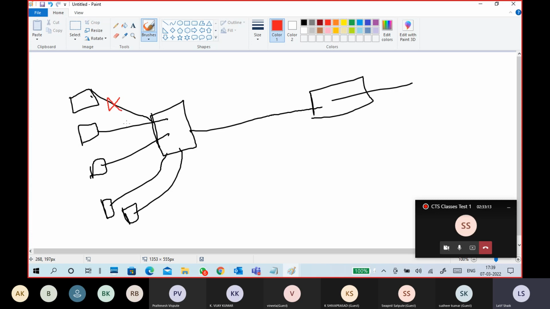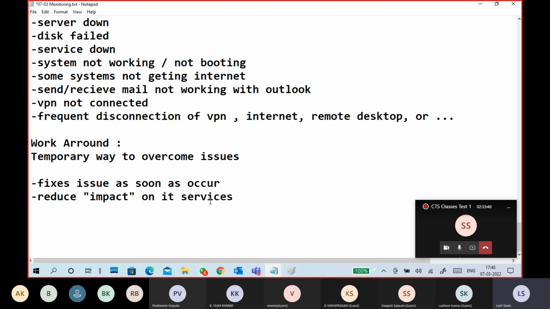If this wire is damaged, who will get a problem? One system. If this wire is damaged, who will get a problem? All will get a problem. Both times it is only a wire problem, but the impact is different. The problem is the same, but the impact is different. Understand, guys? Impact.